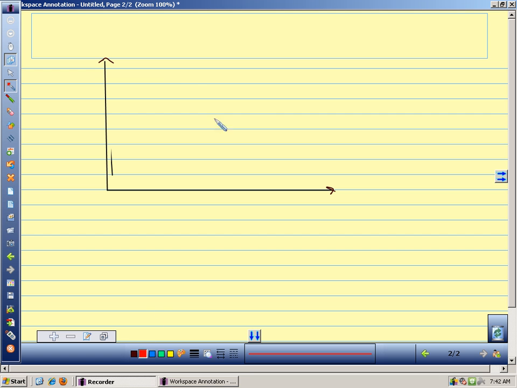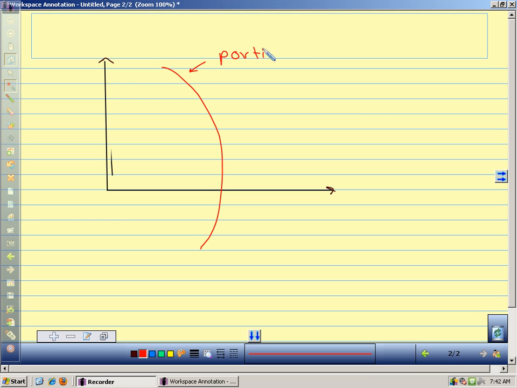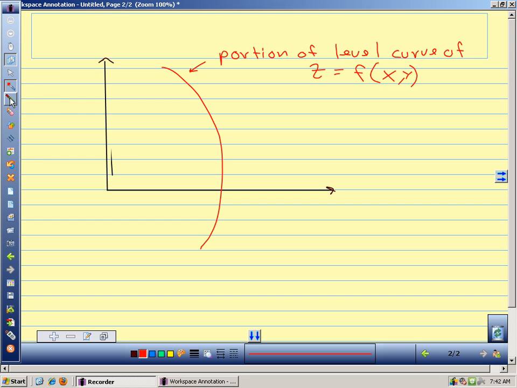In red, this is a portion of the level curve of z equals f of xy.